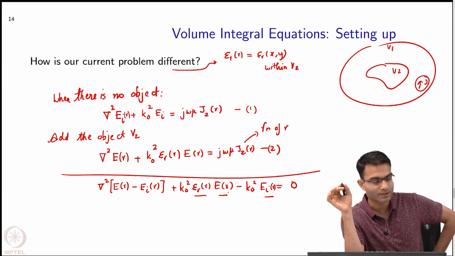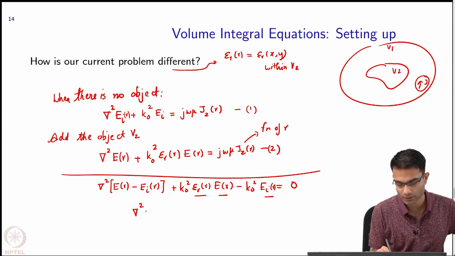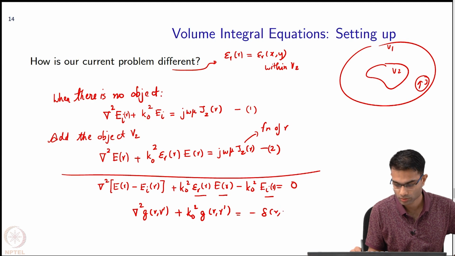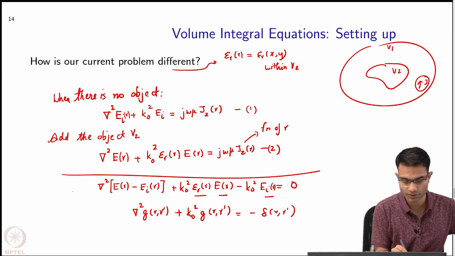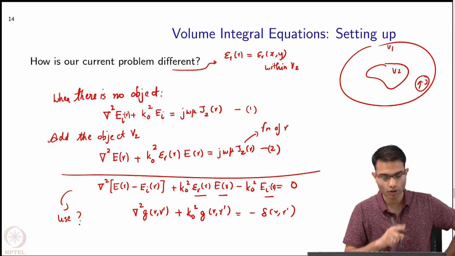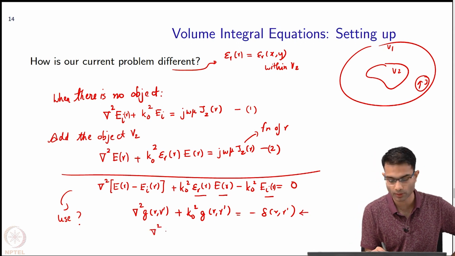Now can we solve this equation using what we already know, which is the Green's function over here? Can I use this? What do you think? In order to use this Green's function, I should have another equation of the same form.